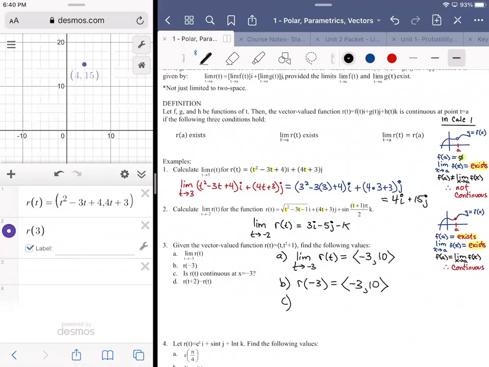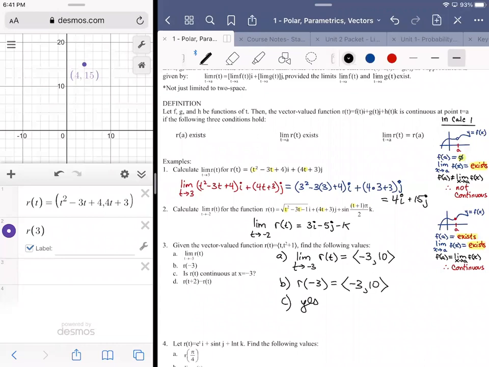So in C, when it asks, is R of t continuous at t equals -3? Well, yeah, because the limit's approaching a vector and the function is approaching that same vector, right? So I would say yes. And just because my notes frame it as yes or no doesn't mean, like I said before, the test is going to frame it that way.